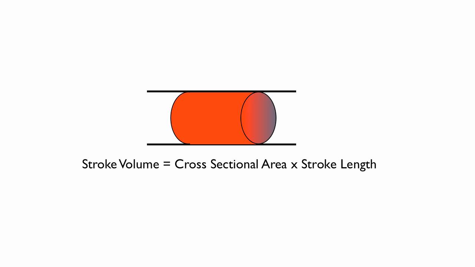Another way to think this through is that the stroke volume is the cross-sectional area of the aorta times this concept called the stroke length. So basically this is one stroke volume which has been ejected into the aorta. It takes up that much length and that much area of the aorta.